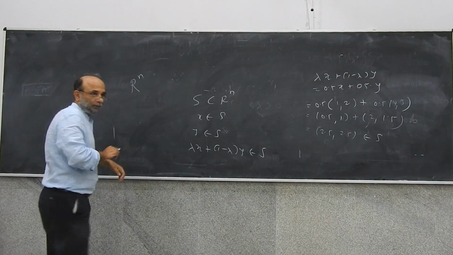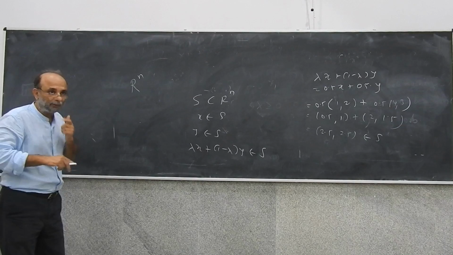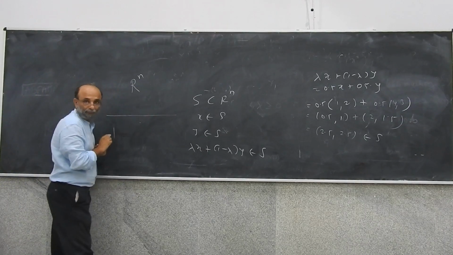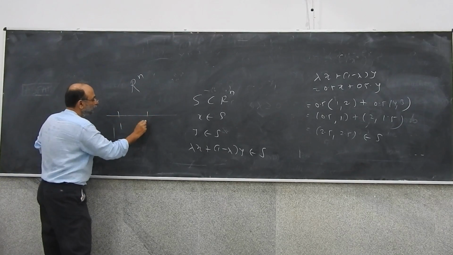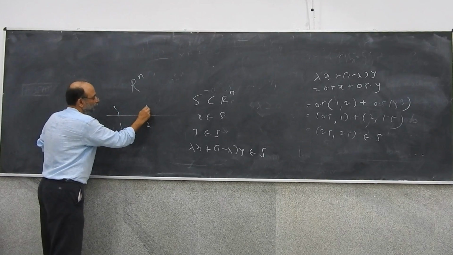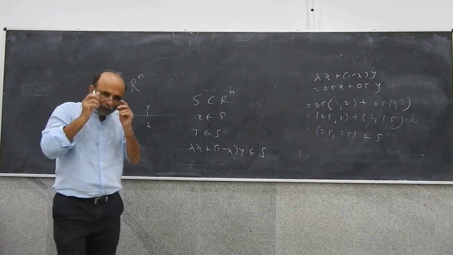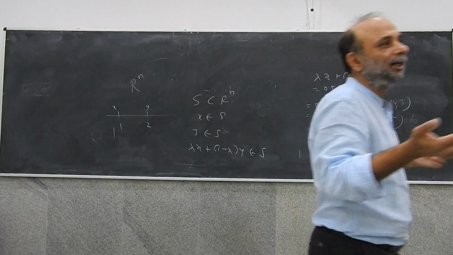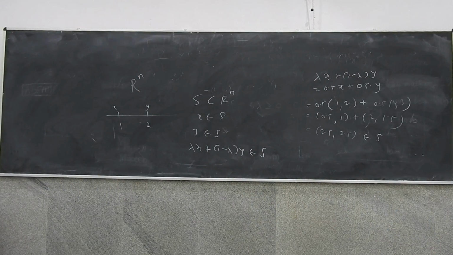Now, what is really a linear combination? Think of R1. Think of X as 1, Y as 2. Think of some lambda X plus 1 minus lambda Y. What lambda should we choose? Not 0.5 again, right? 0.1.